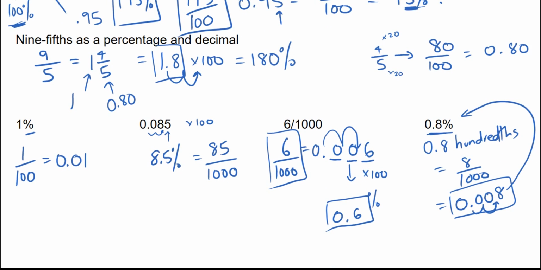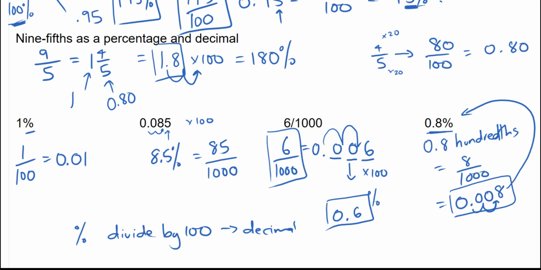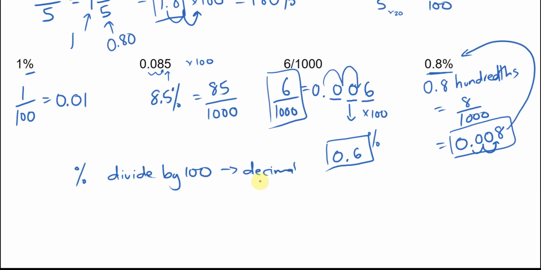So the key here is, when we're converting between percentages, decimals and fractions, if we've got a percentage and we want to convert that to a decimal, we can divide by 100 to give a decimal. So of course, to go the other way round, if we've got the decimal and we want to convert it into a percentage, we're going to multiply by 100.